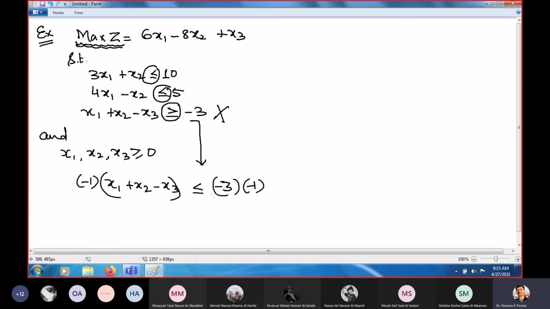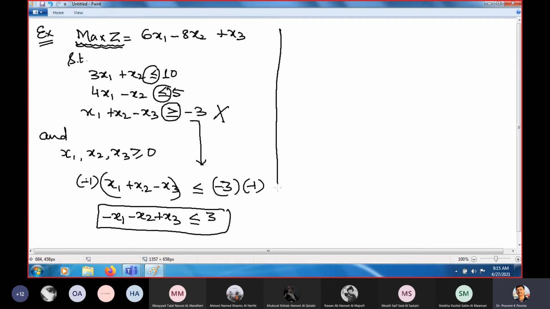If you multiply both sides by a negative number, x1 into minus is minus x1, x2 into minus is minus x2, x3 minus into minus is plus x3. This is less than or equal to, and minus 3 into minus 1 is 3.